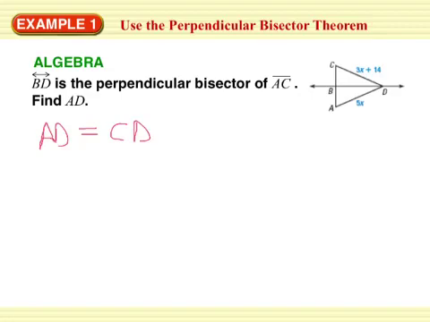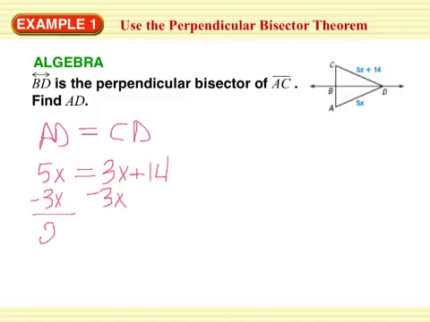Now let's substitute. AD is 5x, CD is 3x plus 14. Subtract 3x from both sides. Divide both sides by 2. We have x equals 7.